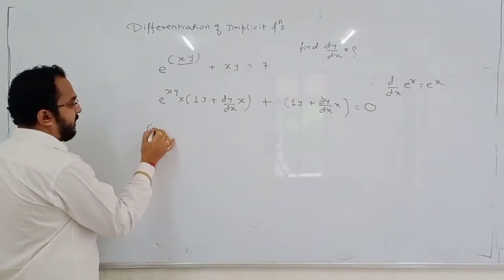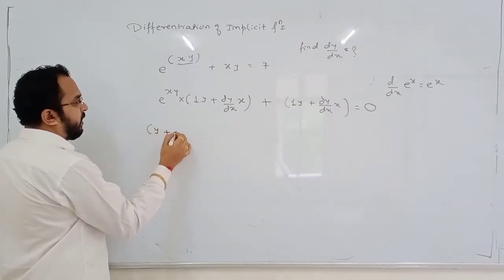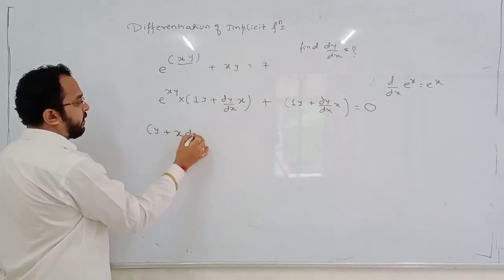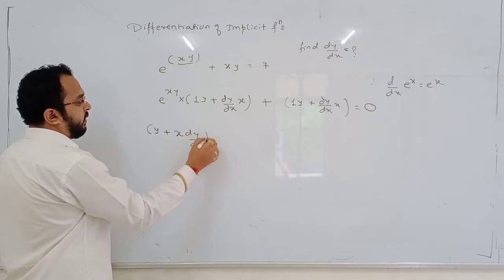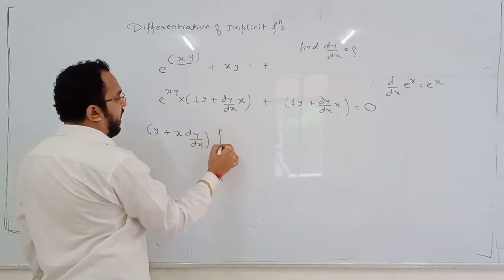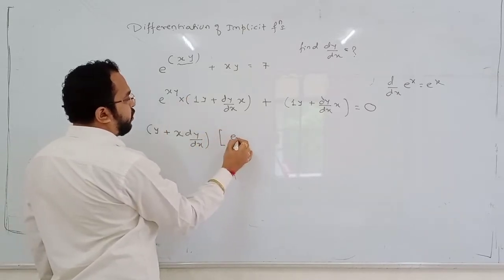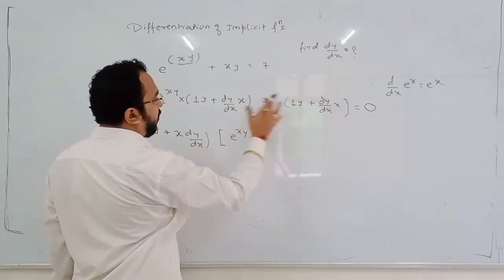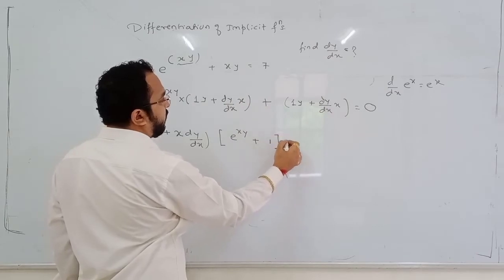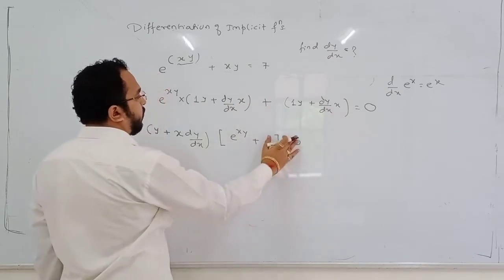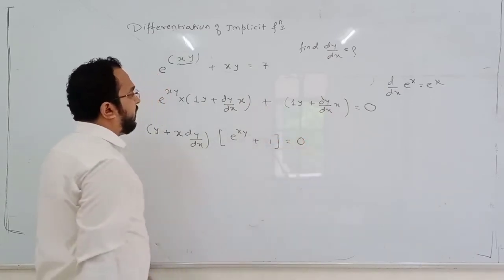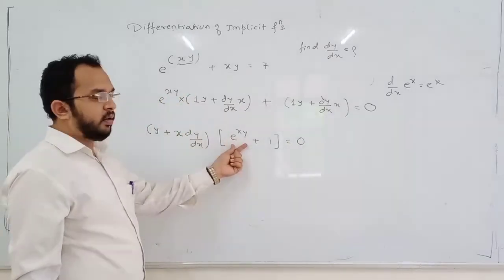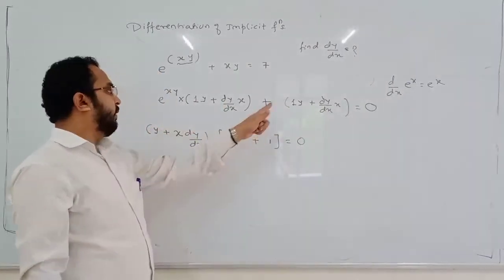So we can take common y plus x dy by dx. We take this x dy by dx common. What remains inside? e to the power xy plus, from here we have taken this entire thing common, so what do we write here? 1 is equal to 0. From here this bracket came common, so e to the power xy is remaining. From here this bracket came common, so what remains here? 1.